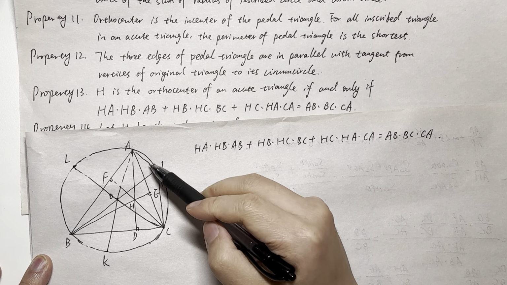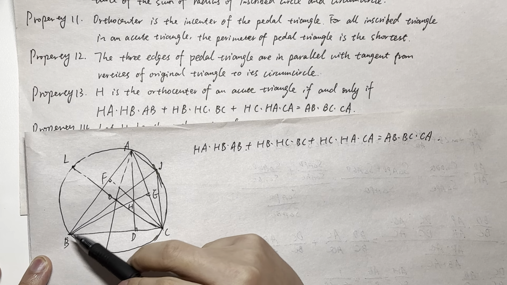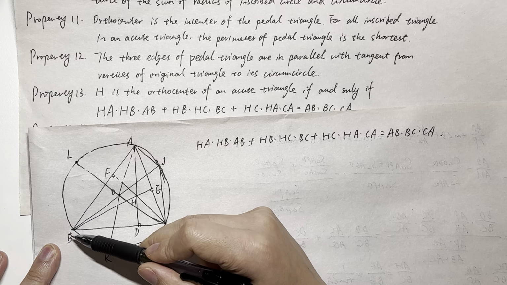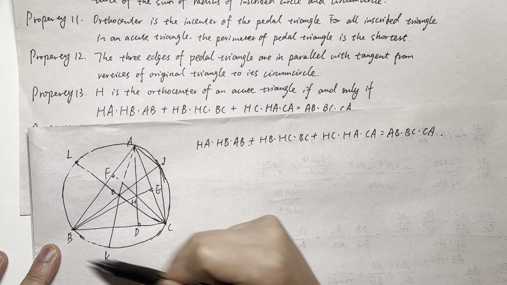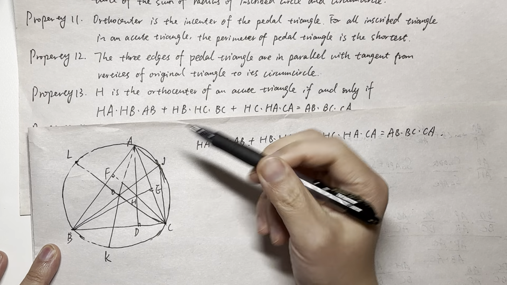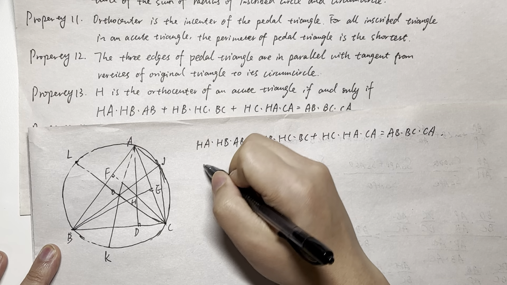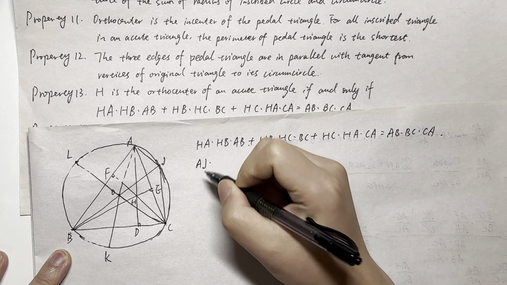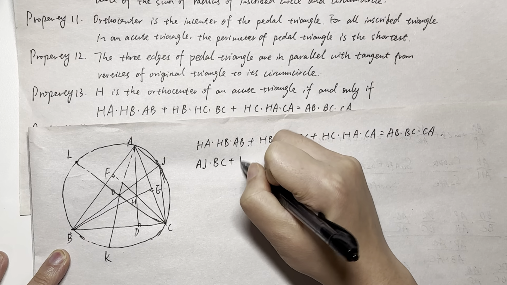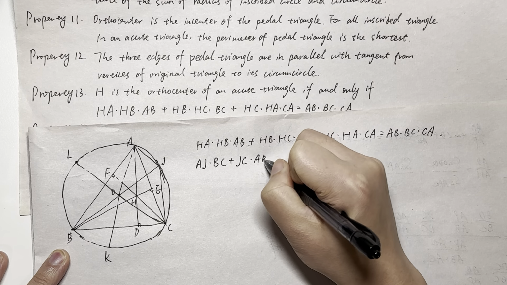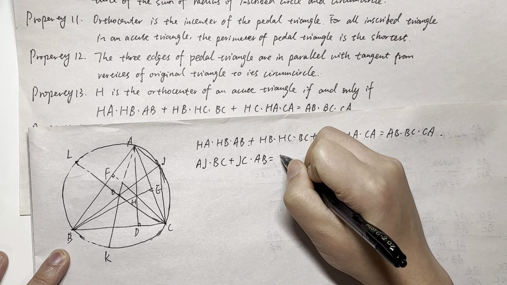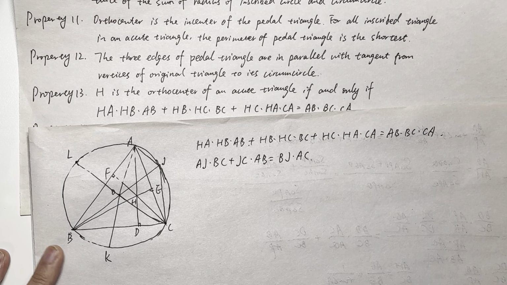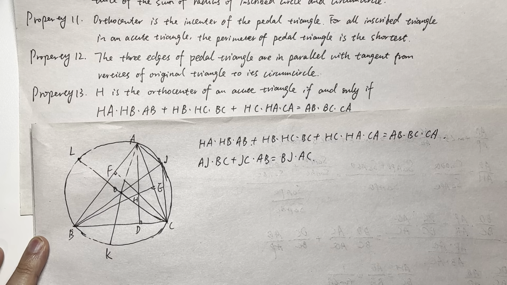And we know that AJCB is a cyclic quadrilateral, right, inside the circle O. So we can apply Ptolemy's theorem: AJ times BC plus JC times AB equals BJ times AC, right?